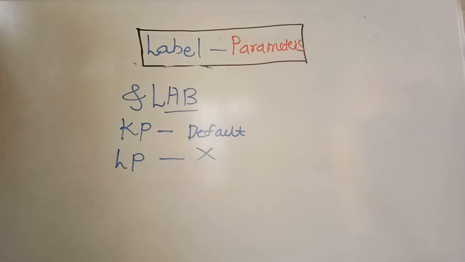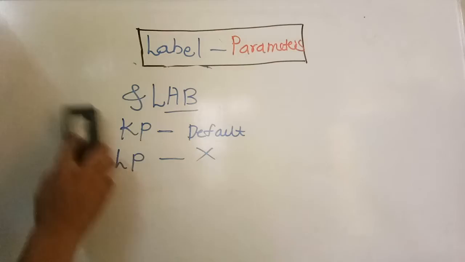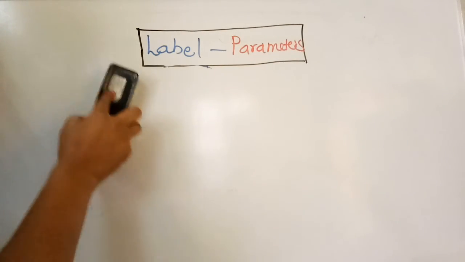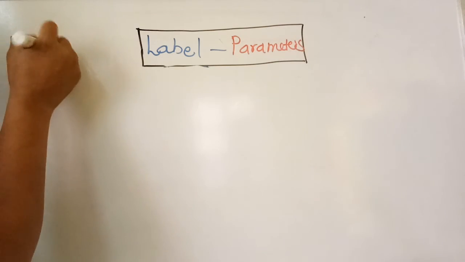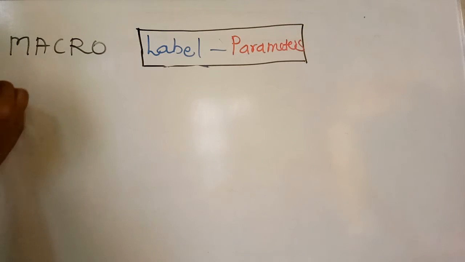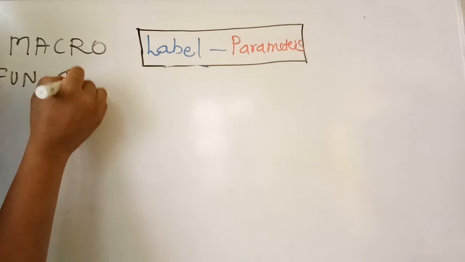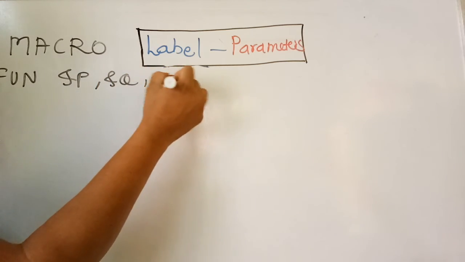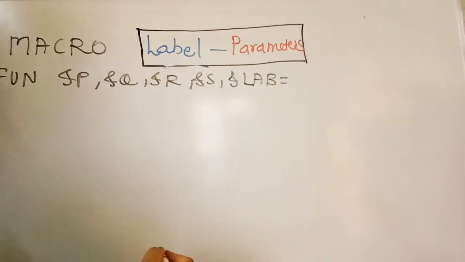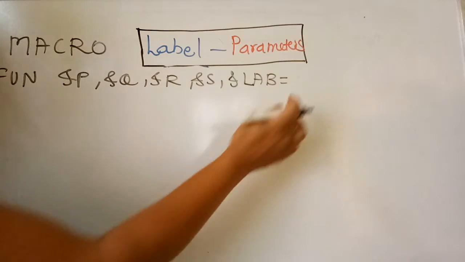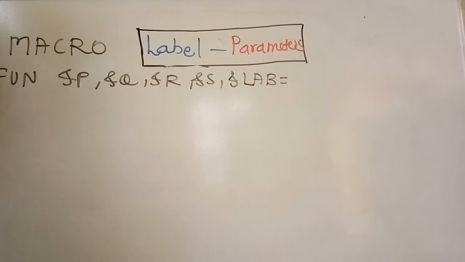The actual parameter of a macro call using the label parameter is simply an ordinary string if used as a positional parameter. For the label parameter study, we will take one example. It is a macro having the function &p, &q, &r, &s, and it has a label, which ends with this sign, but there is no need to specify any value in front of it.